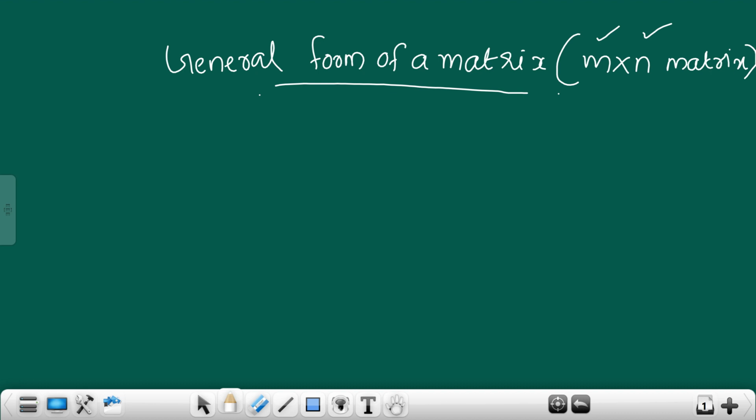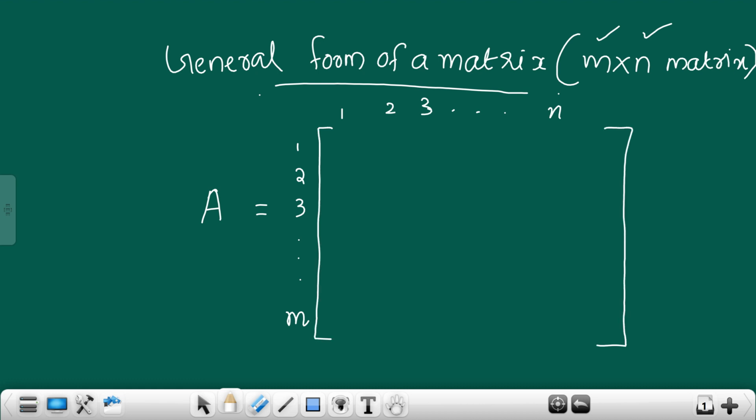We express matrix A equal to, okay, here m rows, which means 1, 2, 3, etc. up to m rows, and n columns means 1, 2, etc. up to n columns. First we put an enclosing symbol, closed bracket. Now we use small letter a instead of every element.